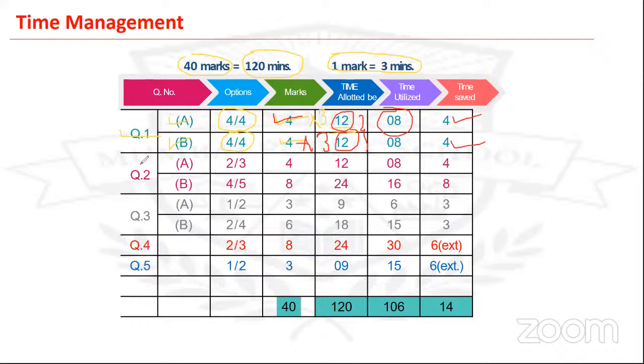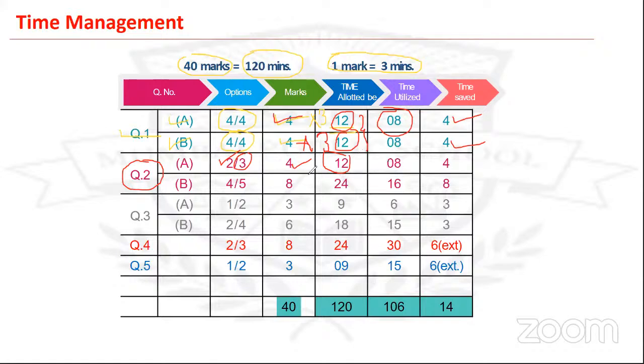Now, after that, you'll move to question two. From question two, understand here your options start. Here there are total three questions, out of which you have to solve two questions. 4 marks. Again, 4 into 3, 12 minutes for that. 1 mark, 3 minutes.